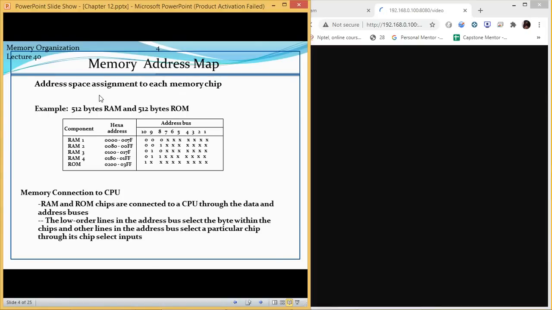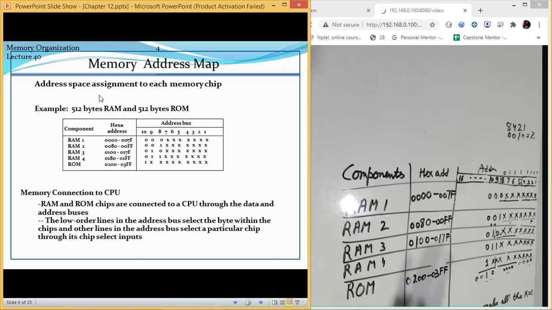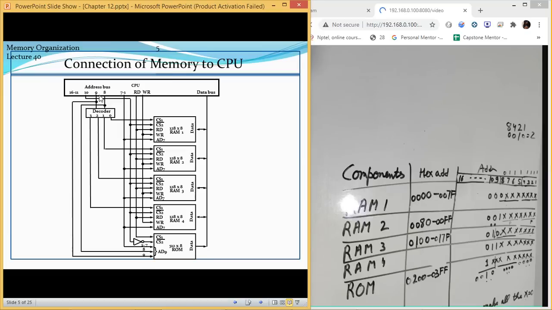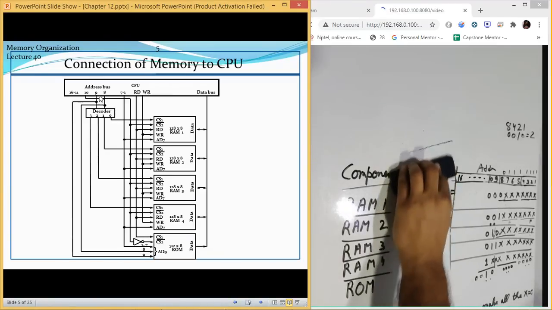That is the case with other diagrams if you have more RAM chips. Now you can design a RAM and ROM connection by having more chips.